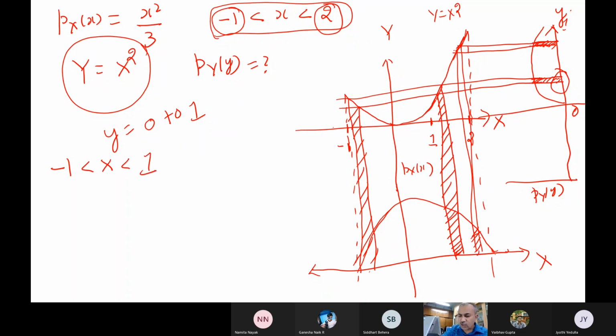So this is one interval because now you have the roots. What are the roots? Y is equal to X square. What will X be when Y is X square?